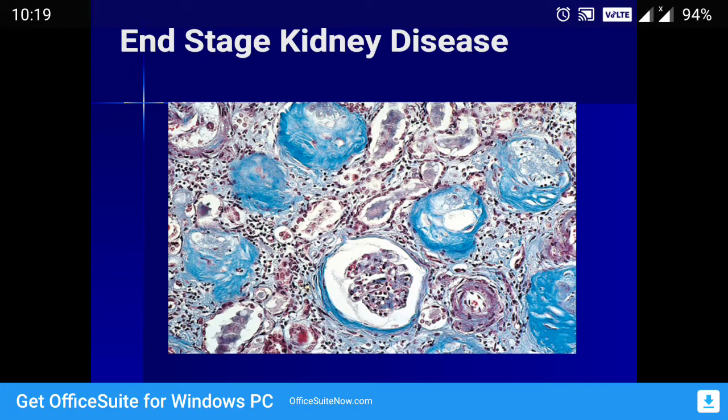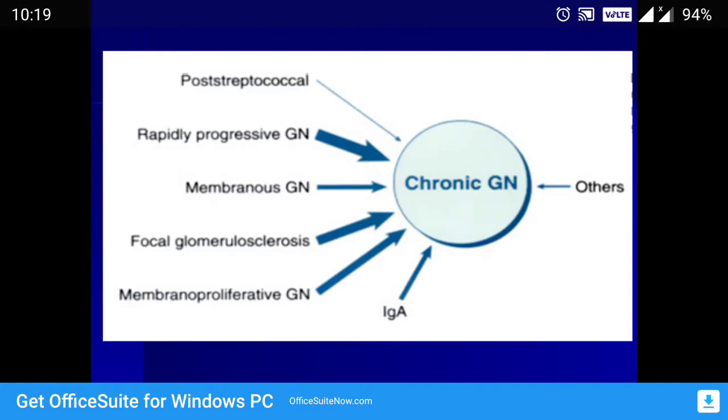And these are sclerosed glomeruli. You can see in many of the glomeruli there are no cells; only in the central glomeruli you can see a few cells. So these are the different types of glomerulonephritis that lead to chronic glomerulonephritis. You can see rapidly progressive glomerulonephritis has a thick arrow, which means more chances of going on to chronic glomerulonephritis.